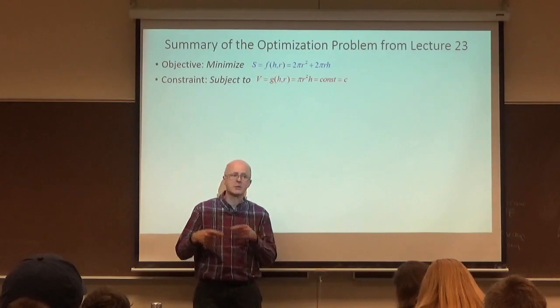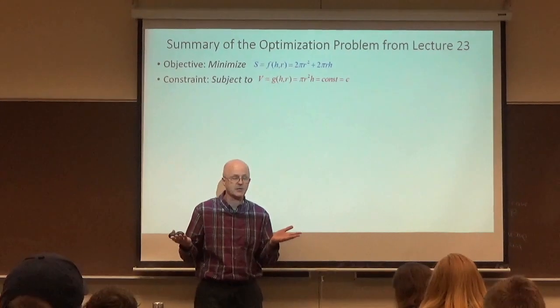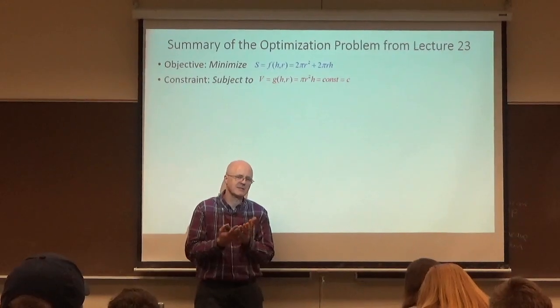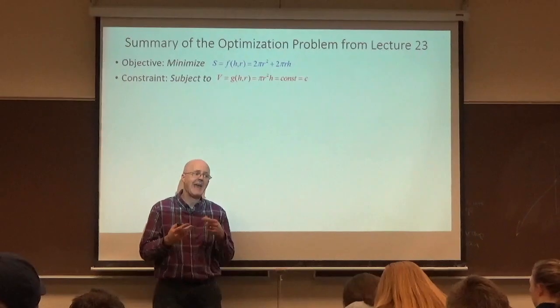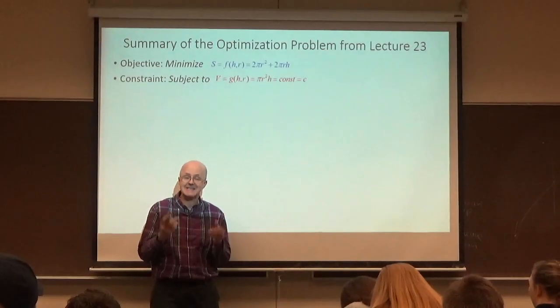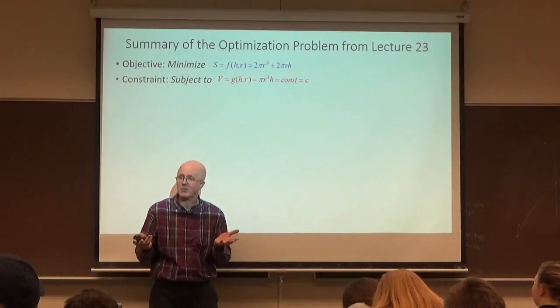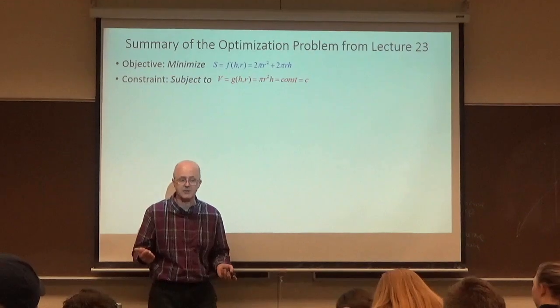Most of the problems you're going to do in the book, C would be something specific. I mentioned like 500 cubic centimeters last time. And that does make the problem easier to think about when you pick something specific for C. But I do want you to be able to handle more general situations because that's really where it's more useful. It gives you greater problem-solving ability for one thing.